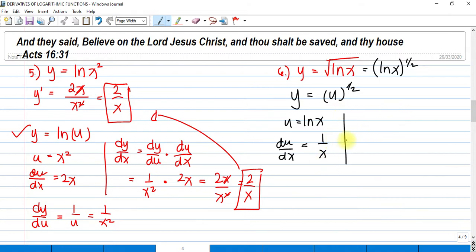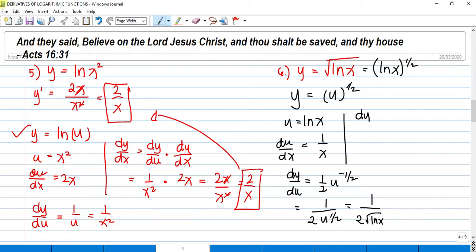And of course, we have to get dy with respect to du, and that is 1/2 u raised to negative 1/2. In other words, we can have 1 over 2 u raised to 1/2. But u is equal to ln of x. So we have 1 over 2 square root of ln of x.